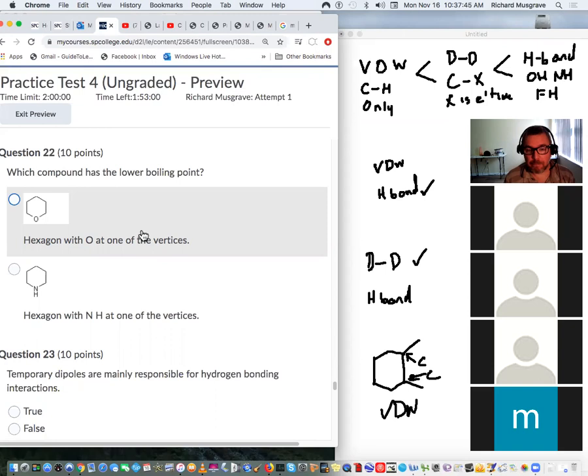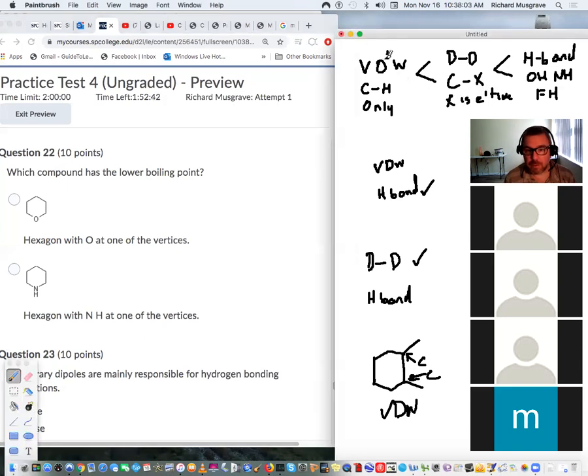And how does that link back to the boiling point? Well, the intermolecular force and the boiling point are linked. The weaker the intermolecular force, the lower the boiling point. So you're saying the weaker is the intermolecular force? No, the intermolecular force is this: the van der Waals, dipole-dipole, hydrogen bonding.